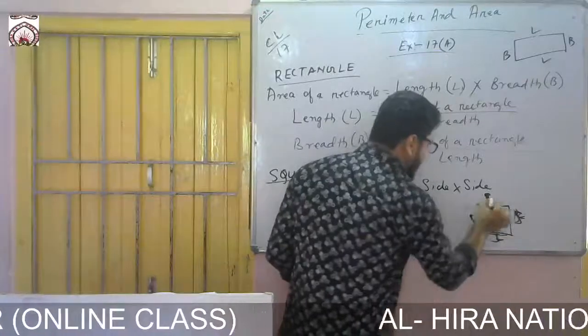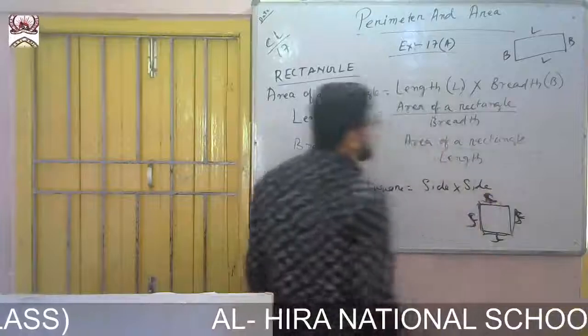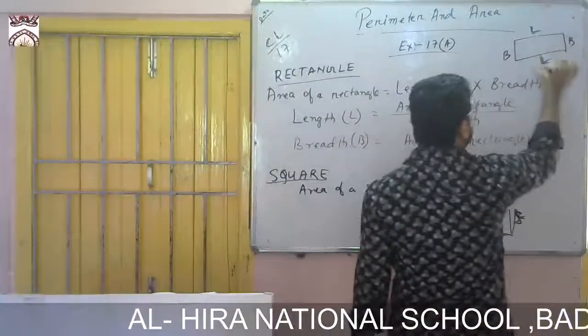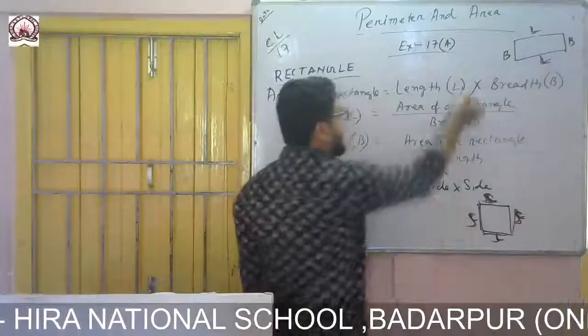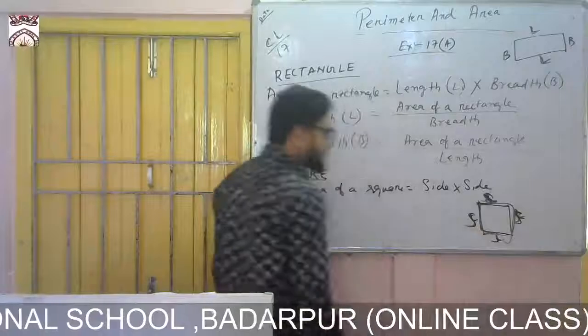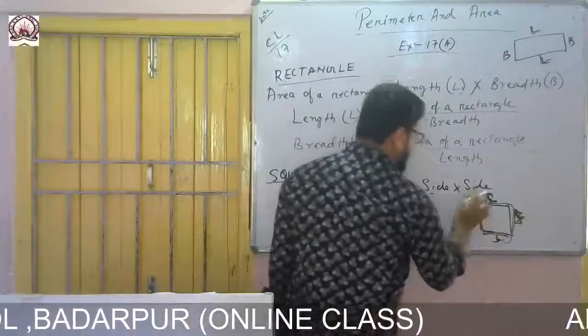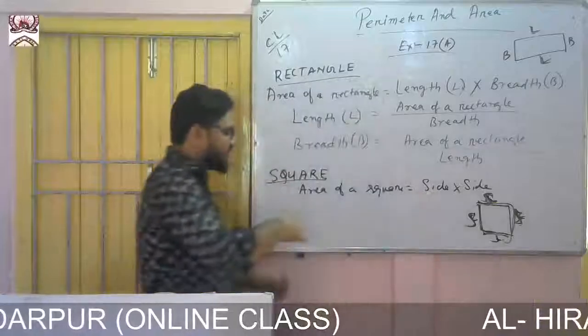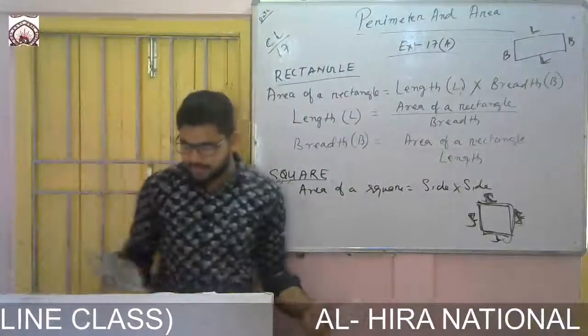From these two sides I took one, and from these two sides I took one, and I multiplied. So side into side. Now let's start with exercise 17b.